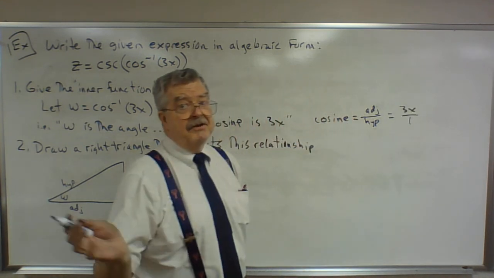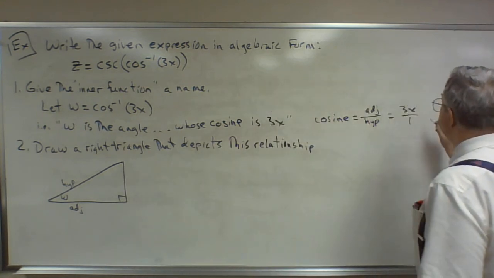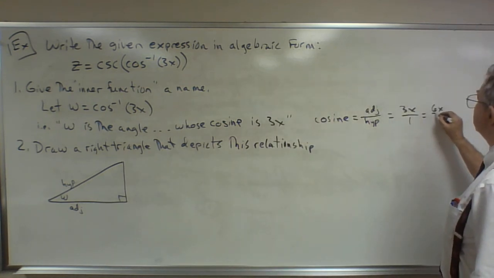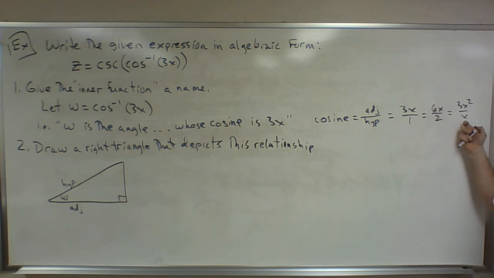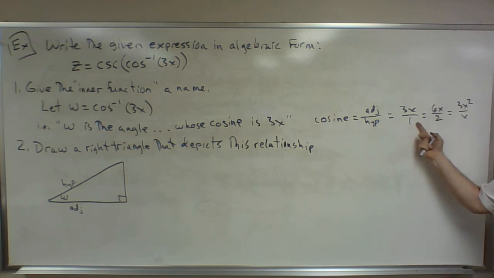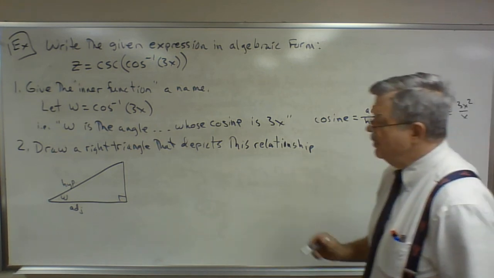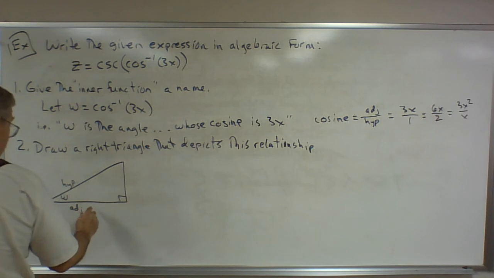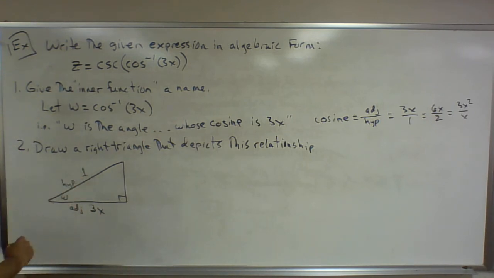The simplest thing to do is say 3x to 1. Could we also say 6x to 2, or maybe 3x squared to x? Yep, we could do all of these things, but why make it any more complicated than we have to? We'll call the adjacent 3x, we'll call the hypotenuse 1.